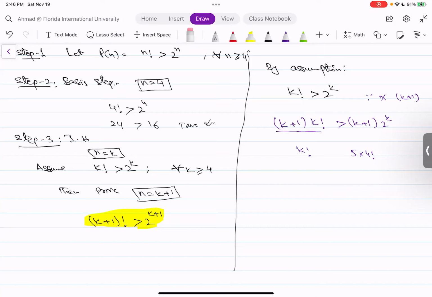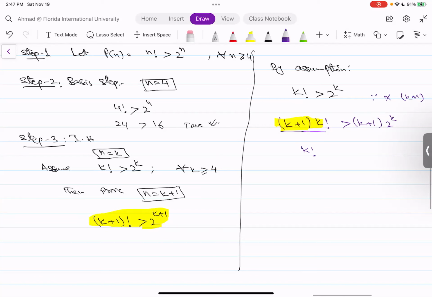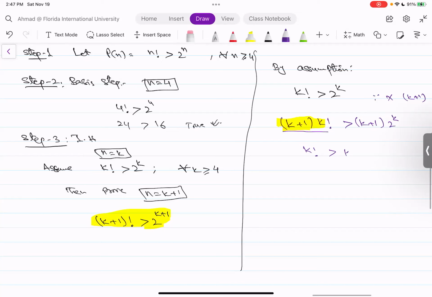Let me write it in terms of plus so that we can see. For example, 5 plus 1 times 5 factorial is nothing but 6 times 5 factorial, which is again going to be the 6 factorial. Since we have arbitrary numbers, this whole thing is going to become a factorial once again, and it is greater than k plus 1 into 2 power k.